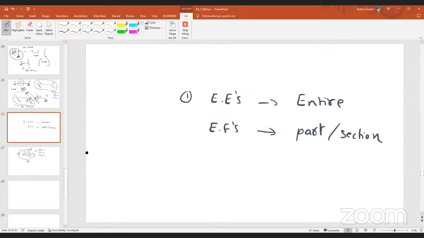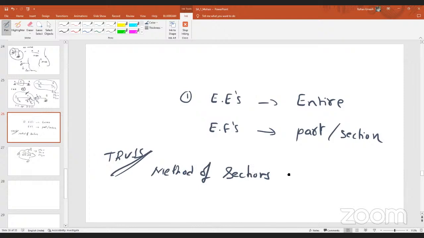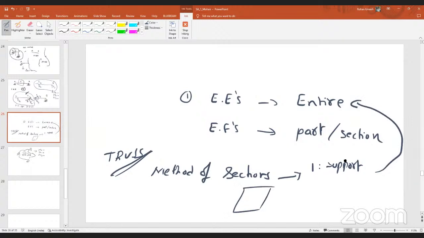part, or we can call it a section. Did you guys remember that in truss problems, you might have remembered the method of sections? Yes, sir. In the method of sections, first you find the support reactions based on the entire structure, and then you take any one part of the section and apply the equilibrium equations there.